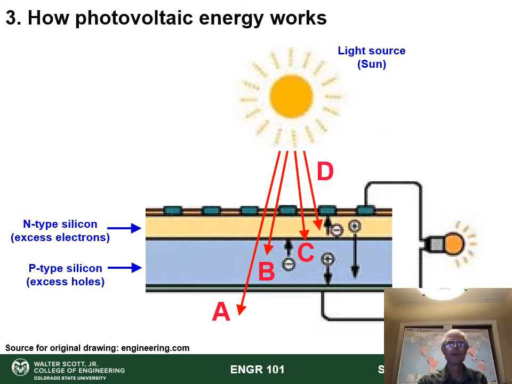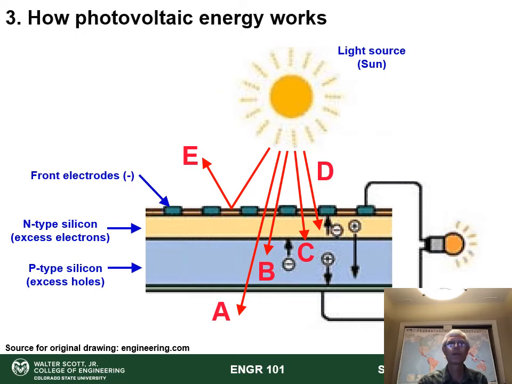But there's also energy that doesn't quite get there, and there are also photons that reflect off the front surface. But it is path C that is most significant. What path C does is it knocks electrons free, so the electrons are able to go in one direction, the holes go in another direction, which then creates electrical potential that can then create current.